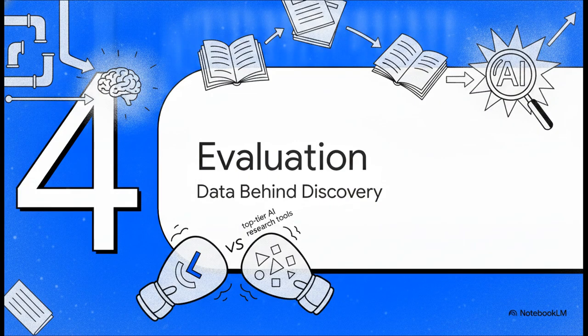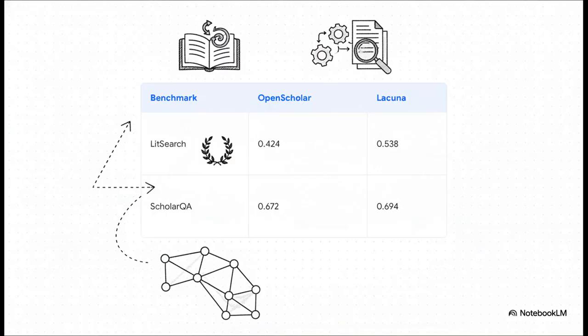Section 4. Evaluating the infrastructure, the data behind the discovery. All right, we're setting up a heavyweight bout here between Lacuna and existing top-tier tools like OpenScholar. You really have to understand that Lacuna isn't just a search engine, it's a verifiable evidence layer.